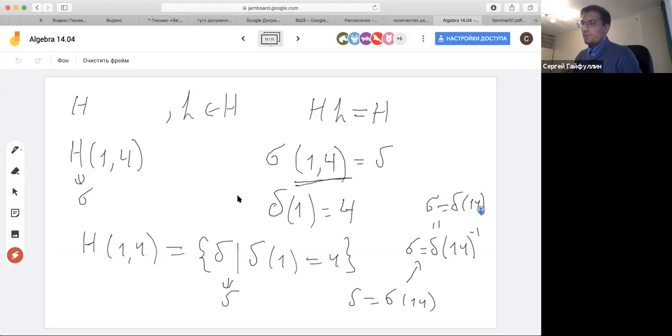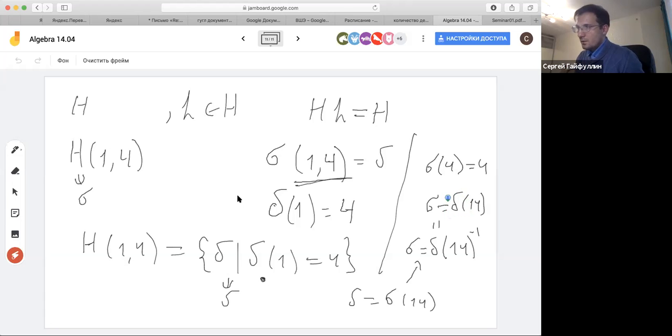And if we have a delta from here and we multiply it by 1/4, then of course this sigma takes 4 to 4, because 4 goes to 1 first of all here, and then delta takes 1 to 4.